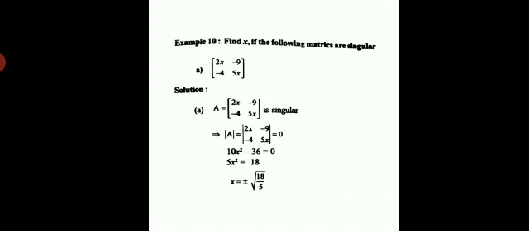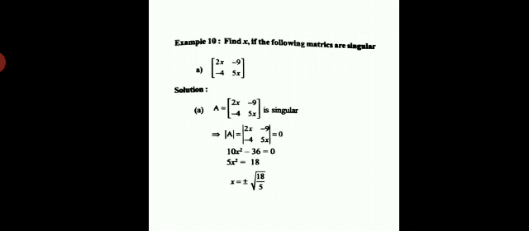So multiply diagonally, evaluate the determinant. 2 into 5 is 10, x into x is x square, minus, here minus 9 minus 4 is plus 36. So already there is a minus sign when you solve for the determinant, so you get minus 36, which is equal to 0.